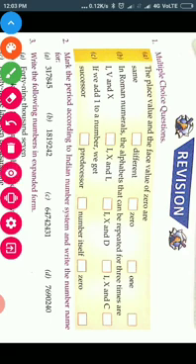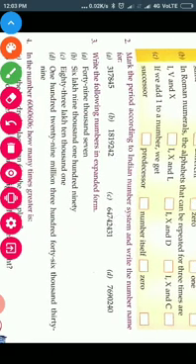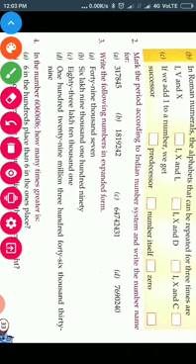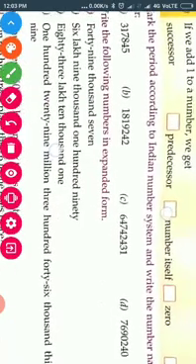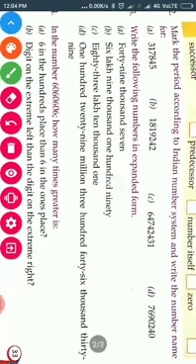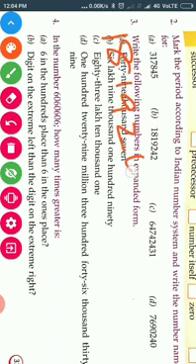The next one we'll see: mark the periods according to the Indian number system and write the number names for these numbers. We have seen in our Indian number system video how to separate periods and how to write the number name. So if you want, you can see this video once again. Okay, if you take the second one, it is given 18,19,242.